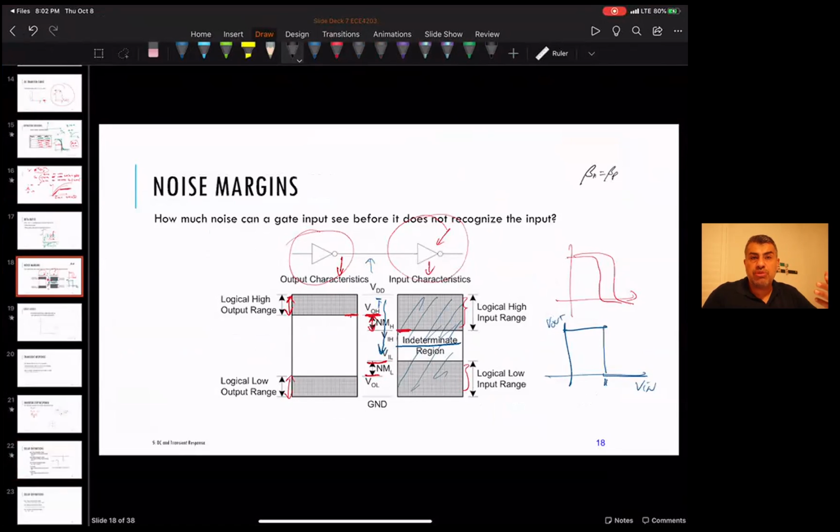With just variations in manufacturing, you're going to switch one way or another, and you're going to degrade your high or low noise margin depending on that particular iteration of the chip, or that particular physical implementation of the chip. Does that make sense? Yeah, that makes sense.